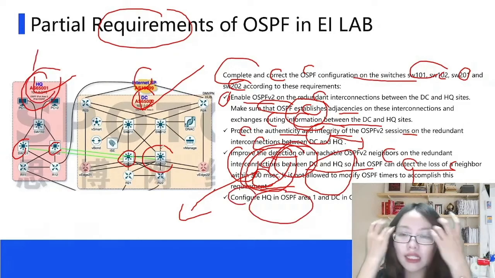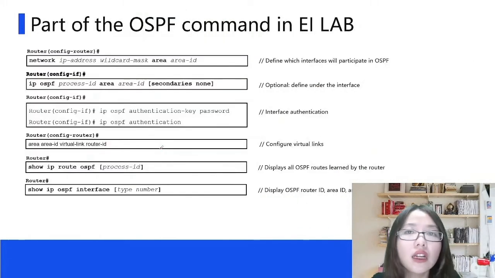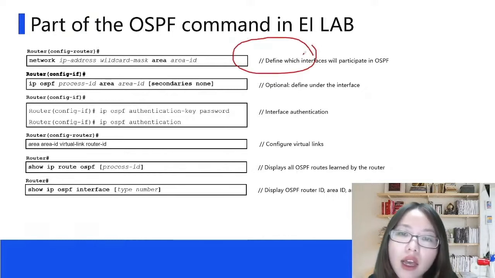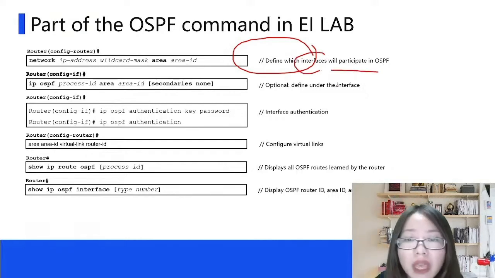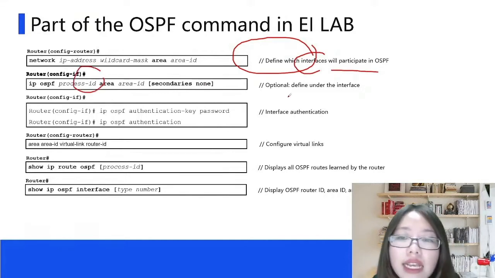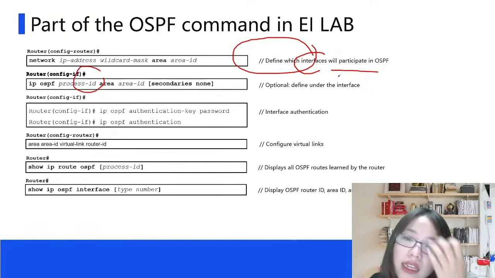Let's see the related commands. These are some of the configuration commands briefly summarized for you, including OSPF interface and network segment commands. The first command defines which interface will participate in OSPF, and the second command is declared under the interface.